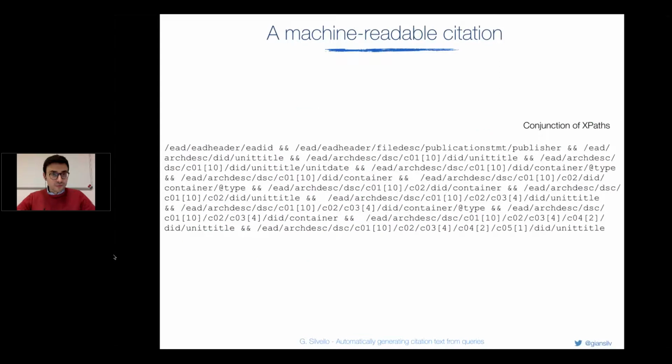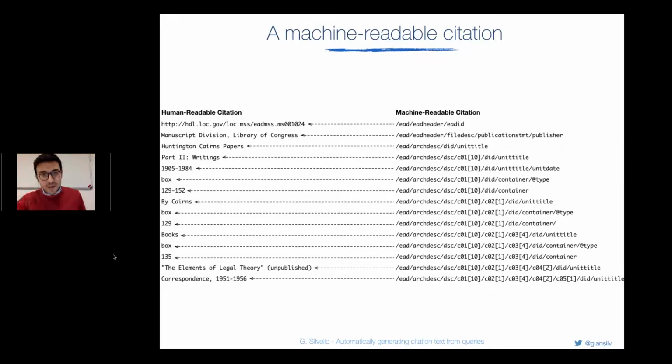And this is what a machine readable citation looks like, a conjunction of XPaths. And you see that it is impossible to ask a user to provide this citation, right? It's not possible. Every single XPath that we have seen leads to a human readable snippet connected to it.